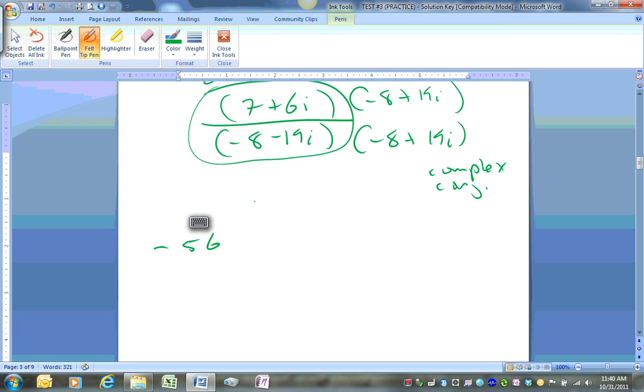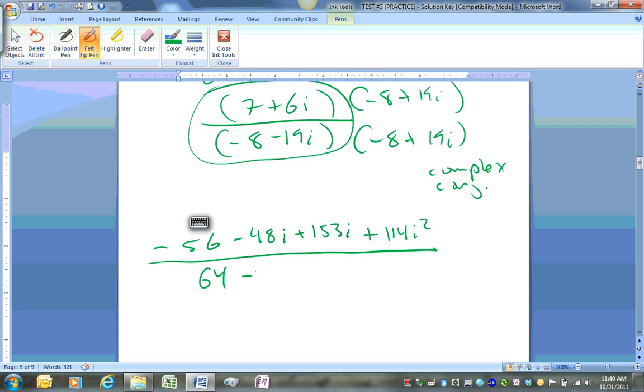When you do, you get negative 56 minus 48i plus 153i plus 114 i squared. I swear to you on the real thing, the numbers will come out more cleanly. Negative 8 times negative 8, that'll be 64. Minus, see, that's 80, 70, minus 152i.